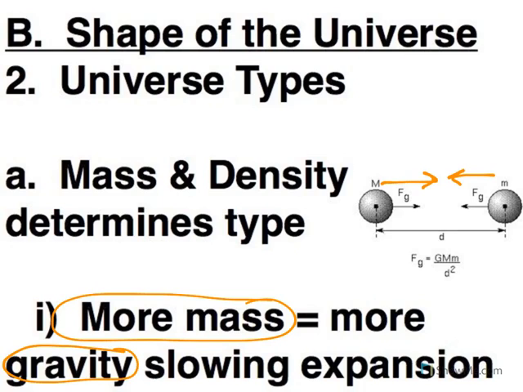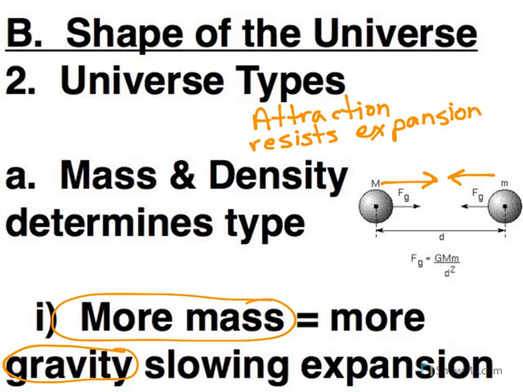And so that attraction is going to resist expansion. And so if you have a lot of mass, then that may be enough to stop the expansion. If you have very little mass, there's probably not enough present to have an effect.